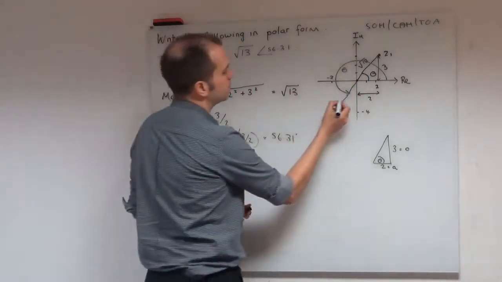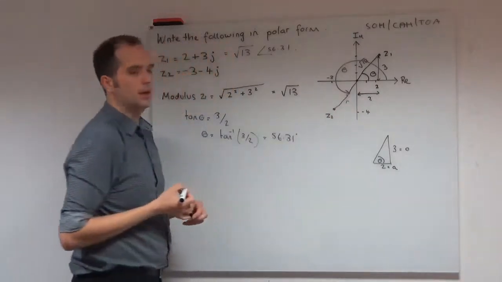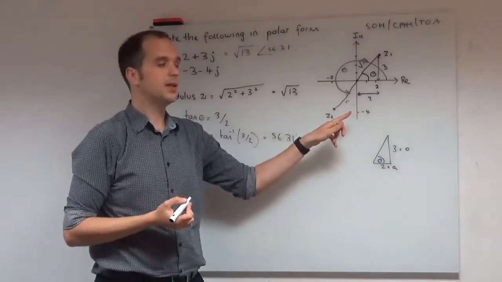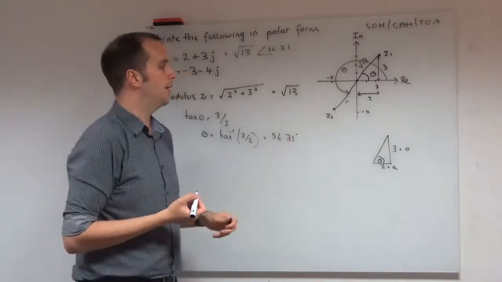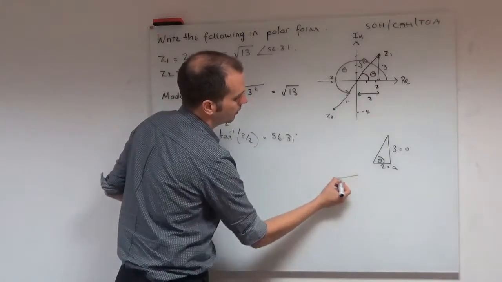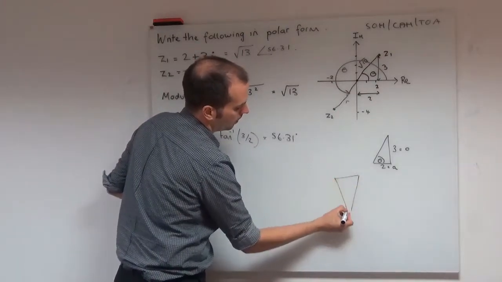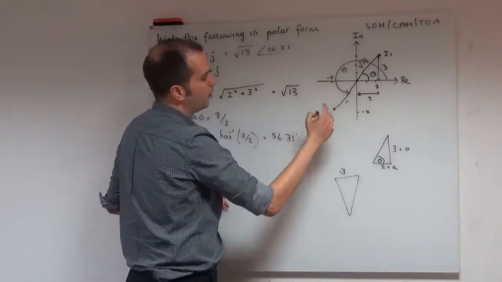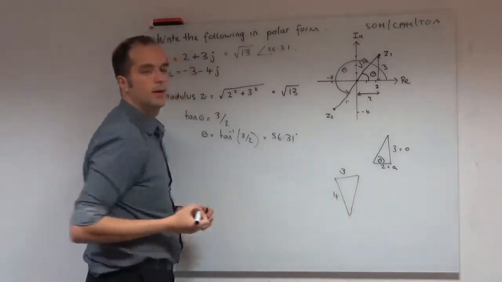And r is the length of the line. Let's work out r first, as that's a little bit easier to work out. So let's consider the triangle that makes up Z2. It's 3 across, so it's 3 here, and 4 down, so I'll put that as 3, and as 4.